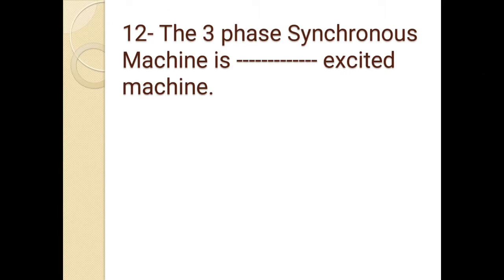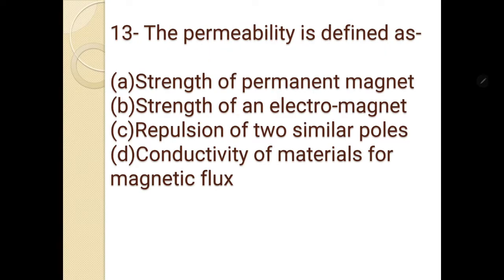Next question was the three-phase synchronous machine is dash excited machine. The three-phase synchronous machine is a doubly excited machine. The permeability is defined as option A, strength of permanent magnet, B, strength of an electromagnet, C, repulsion of two similar poles, and option D, conductivity of materials for magnetic flux. The correct option is option B, strength of an electromagnet.